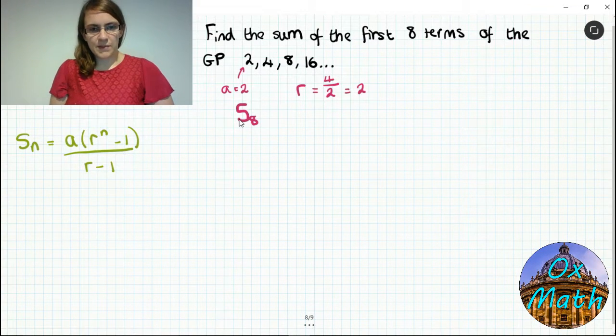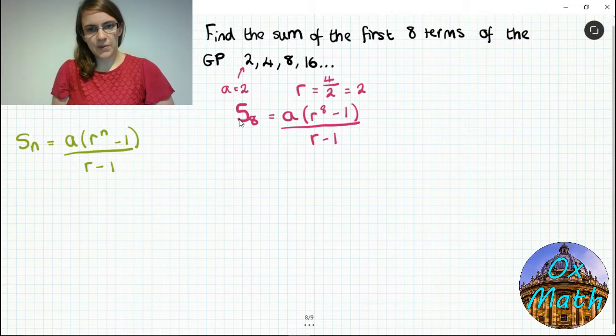So to find the sum of the first 8 terms, we need to plug it into our formula. So we're going to have A times R to the power 8 minus 1 divided by R minus 1.